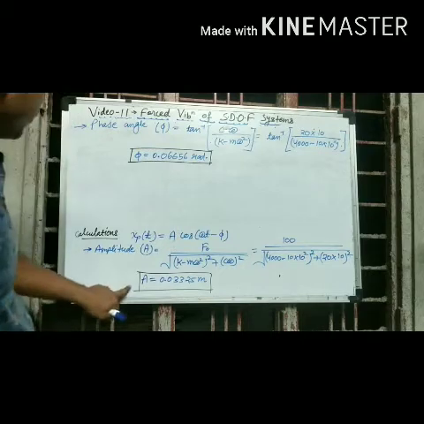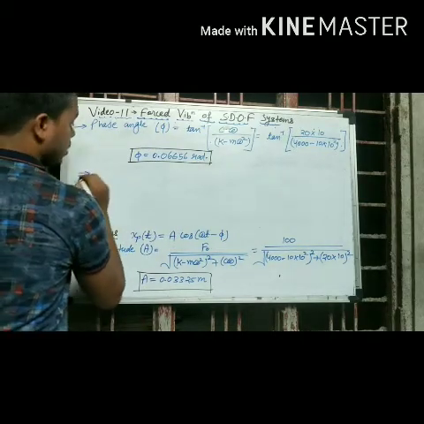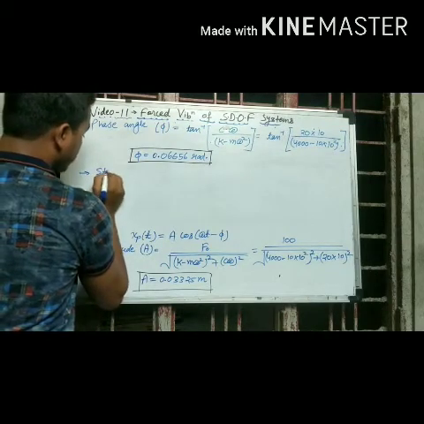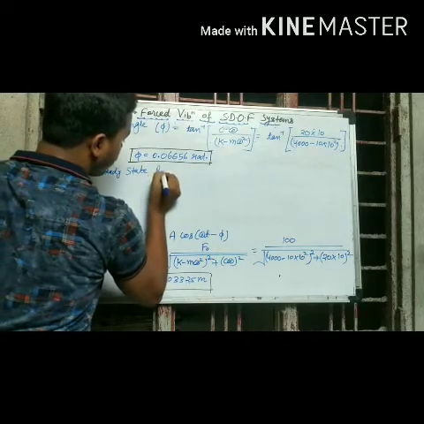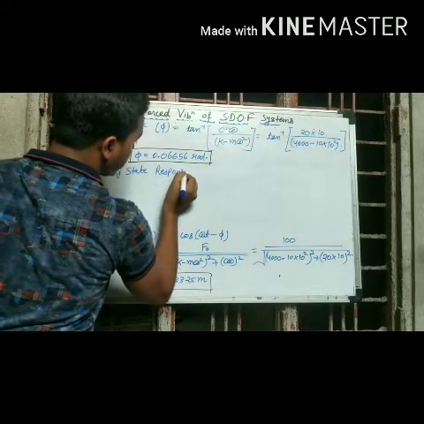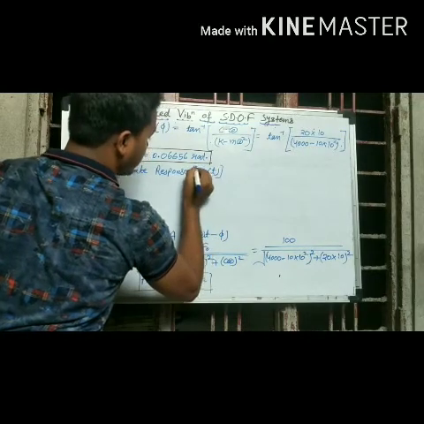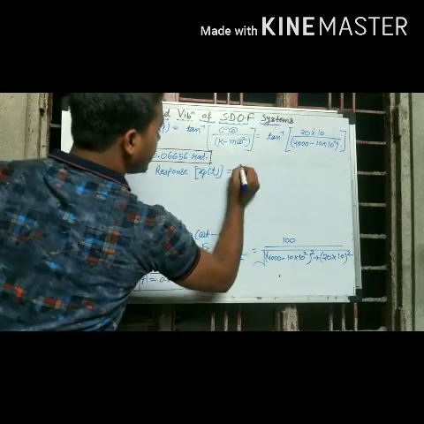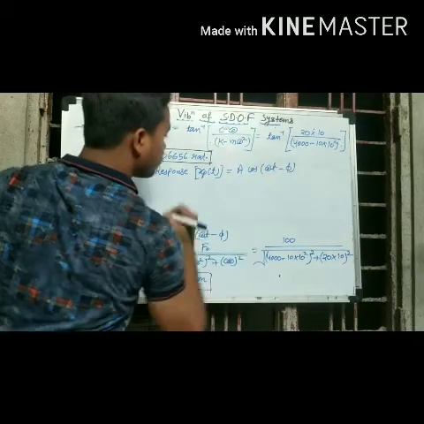Now I got the amplitude, I got the phi, I can get the steady state response. Now I can write steady state response, meaning x(t). This will be A cos(omega t minus phi) by the formula.